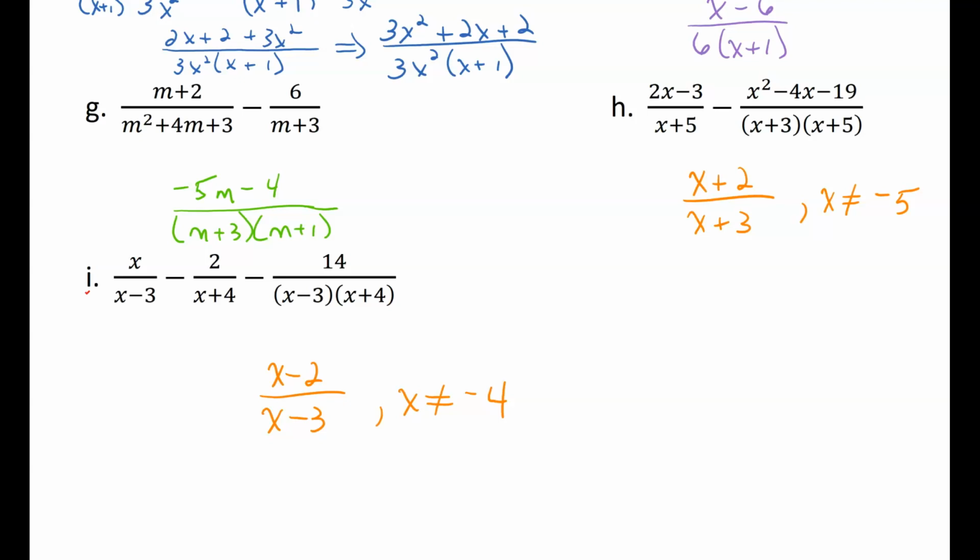Okay, what's a quick way to check to see if your simplified form was actually correct? You add the answer. Yeah. What if I said, I'm going to let x equal 3, and I plug in 3. Oh, actually, it can't be 3.